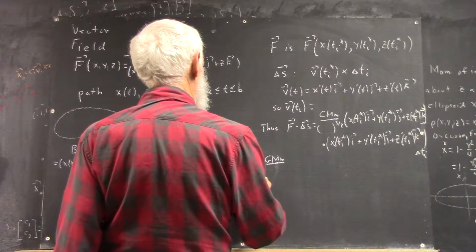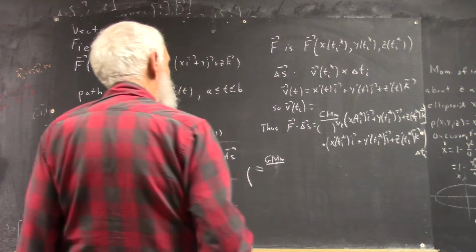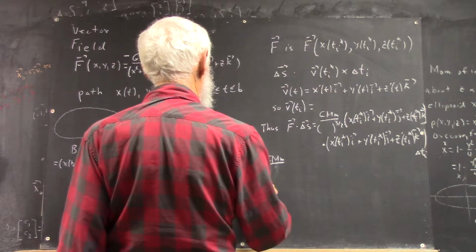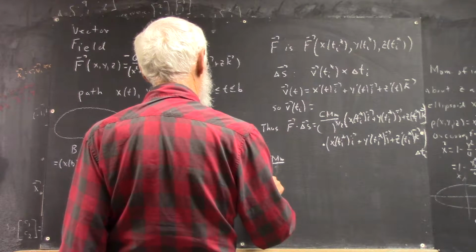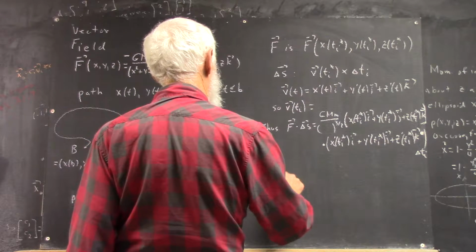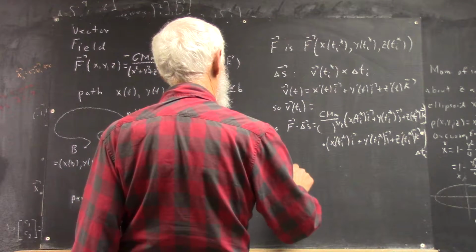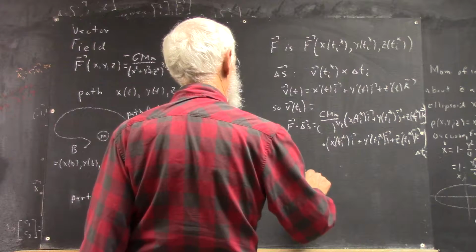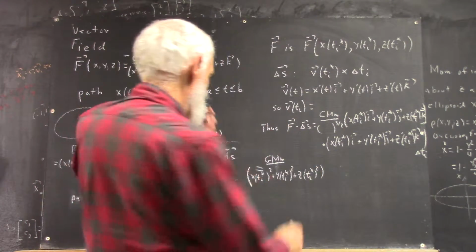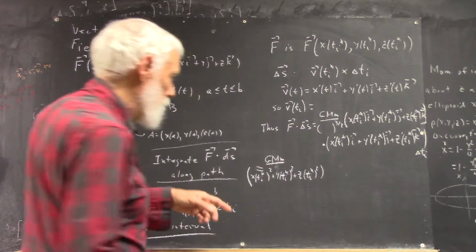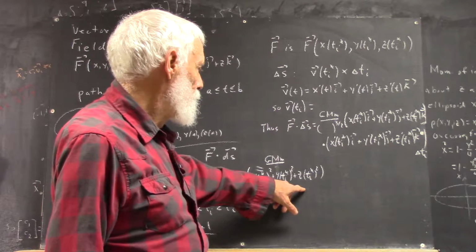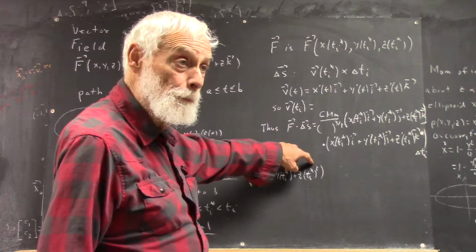Now I'm going to write the G, big G, big M, little m, over x of t_i star plus y of t_i star plus z of t_i star, but each one of these squared, right?